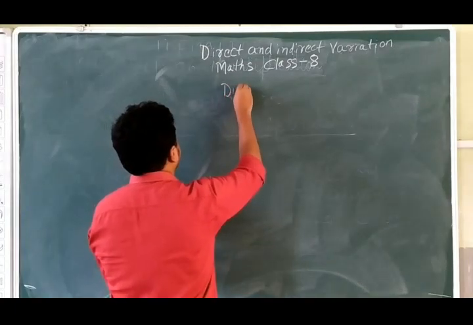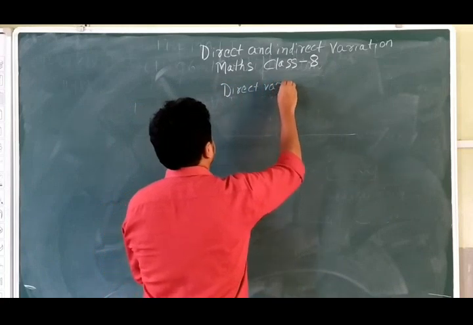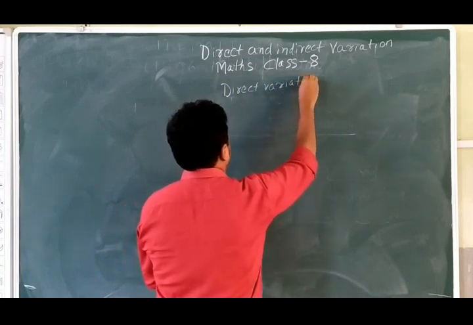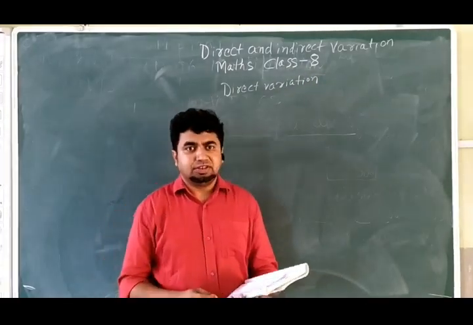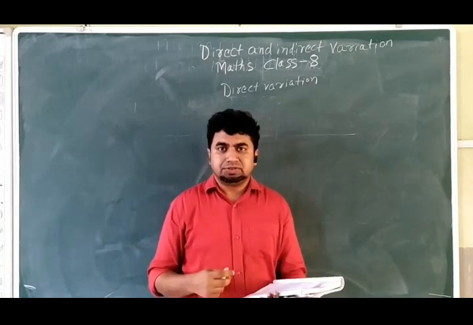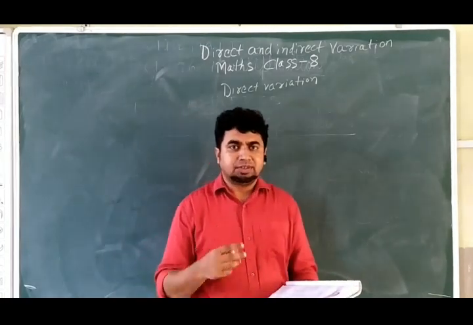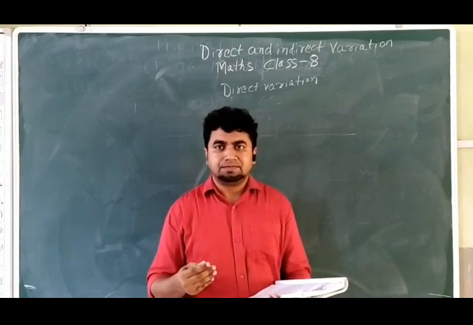If I am saying direct variation, suppose the cost of 5 pencils is 50 rupees. I am varying the number of pencils. Now I am asking, what is the cost of 10 pencils?